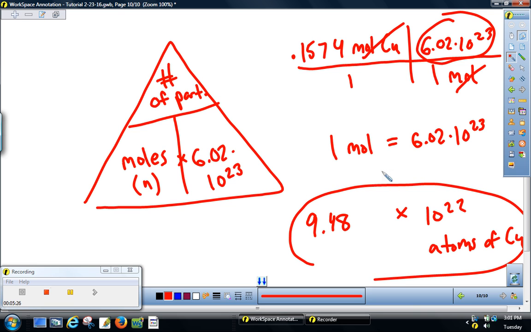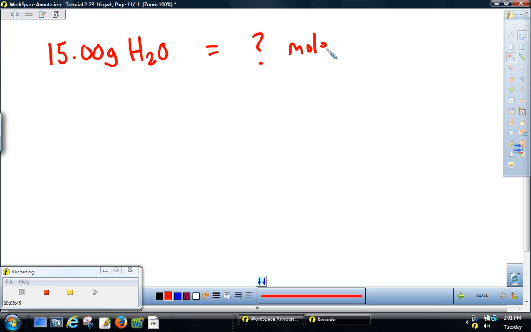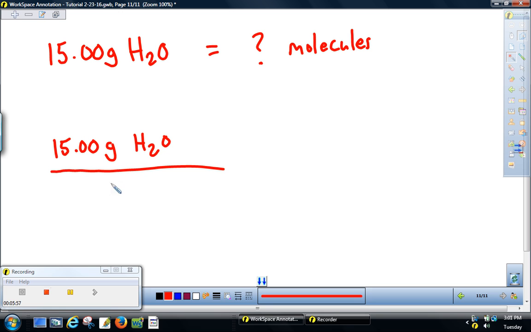So that's 2 one-step problems. Now a 2-step problem. Let's say we have 15 grams of water. How many molecules of water would we have? So, first step, take what we know, 15 grams of water, and put that over 1.